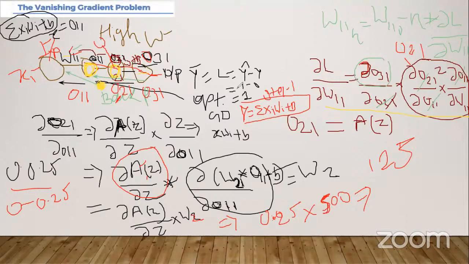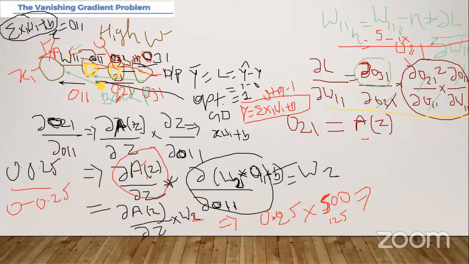So if I go back again, this 125 value, if I put it in this formula, I will tell you how it will look. Let's say initially the weight was 5, multiplied by the learning rate 1 and multiplied by 0.25 into 500, which is 125.